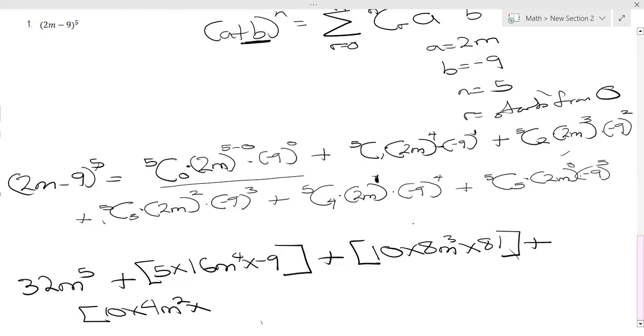Times minus 9 raised to the power 3, that will be minus 729, sorry, 729.